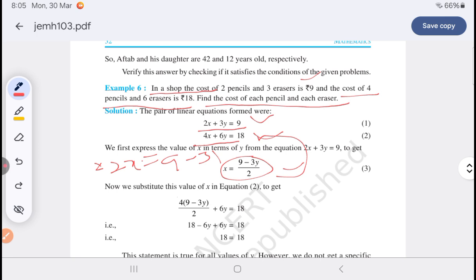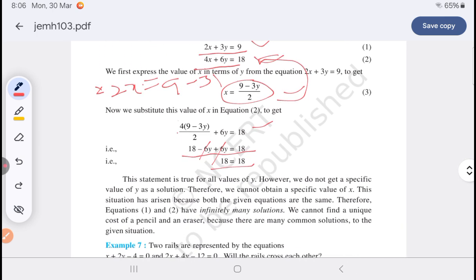Put it in equation 2. See, in place of x we put (9 minus 3y) by 2. So on simplification, see 4 into, so you'll get this one. See here 18 equal to 18 because this and this removed. So 18 equal to 8.